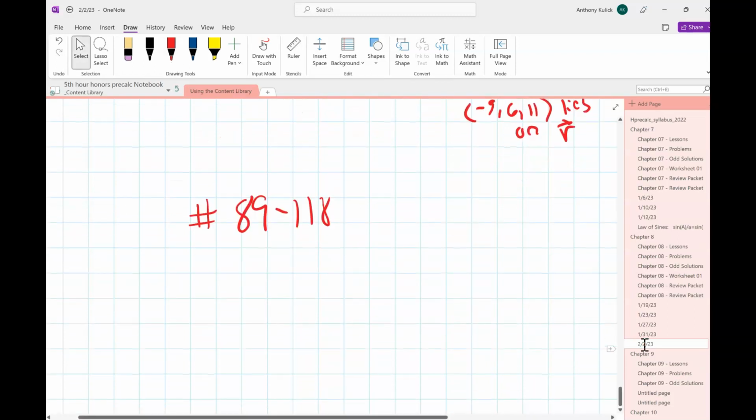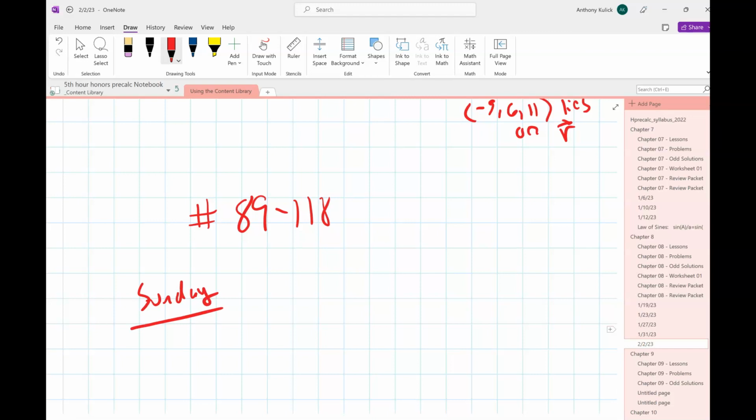All right, so let's sort out what's going to be due Sunday, right? Let me pull up my stuff. Because this needs to be reasonable, right? Mr. Kulik's not going to ask you to have like 100 problems due on Sunday. So I think I like 41 to 88 for this Sunday. That's what, the 5th?